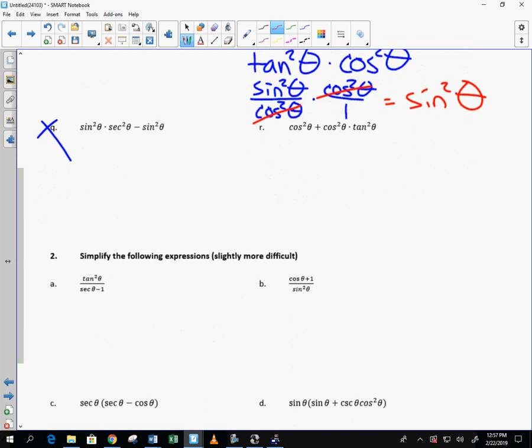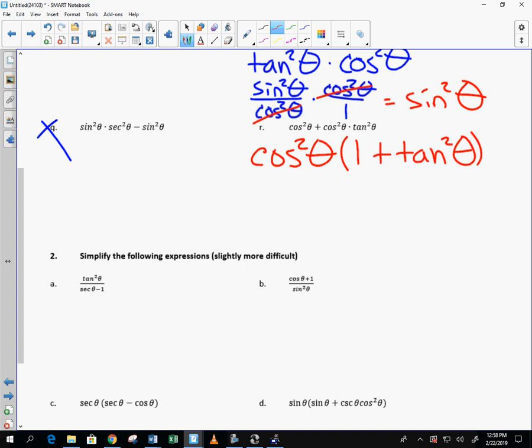Okay, we'll give you one more. Letter R. What do we factor out? A cosine squared of theta. What are you left with? Plus tangent squared, because it says plus right here.